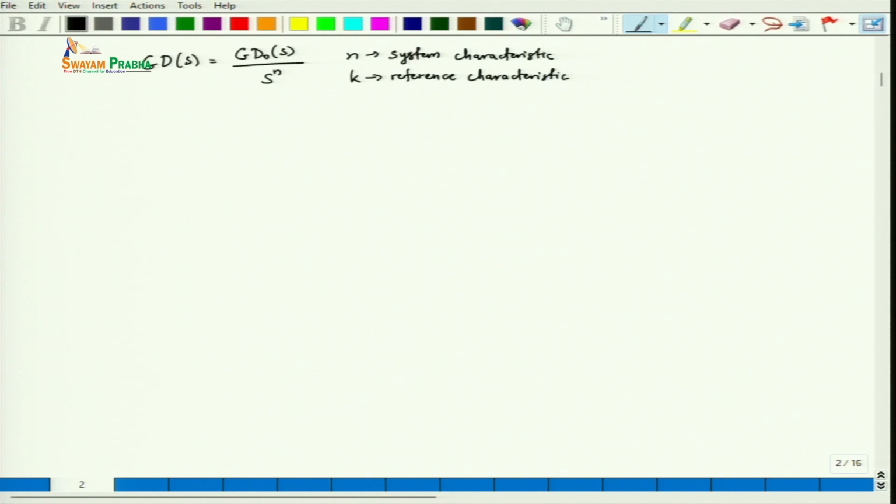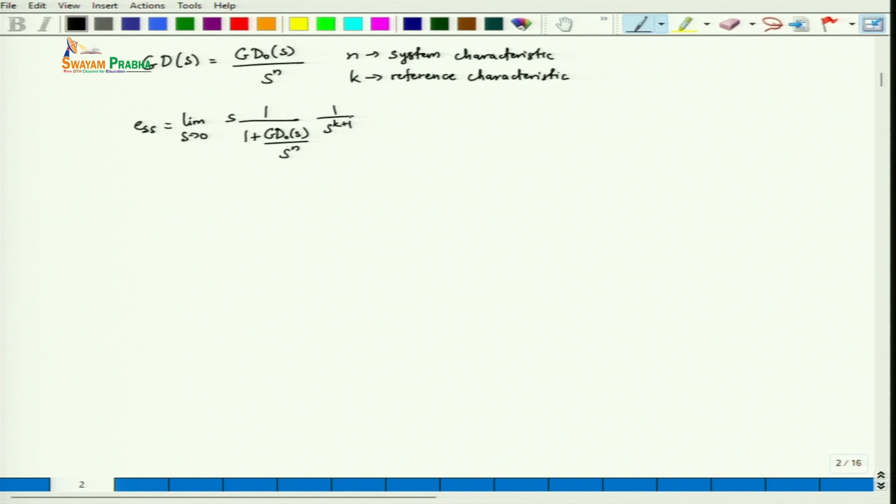So now if we substitute this in the expression for ESS, instead of 1 plus GD of S, we will substitute 1 plus GD0 of S divided by S to the power n, and here we have 1 divided by S to the power k plus 1.